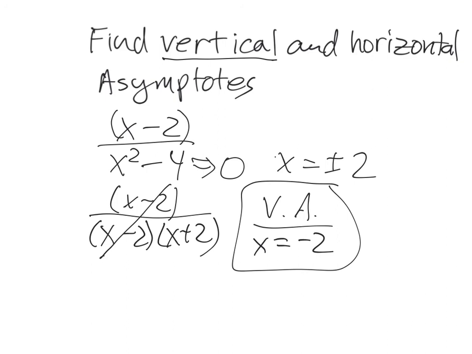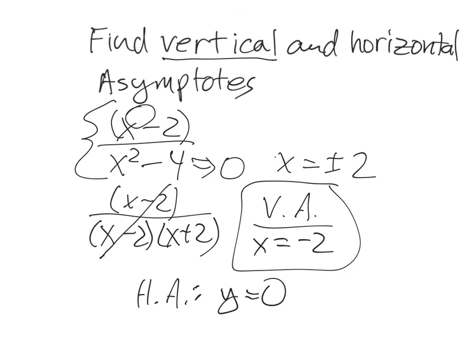Horizontal asymptotes need to be the equation y equals whatever number, not just the number. Okay? And in fact, the horizontal asymptote in this one would be what? Okay, y equals 0, not just 0.